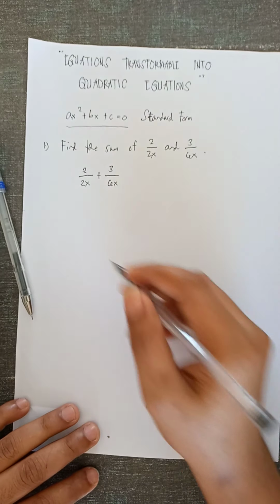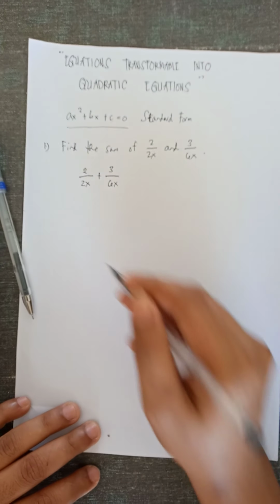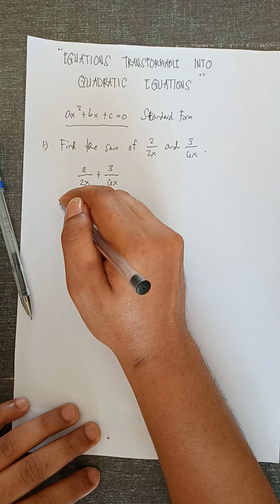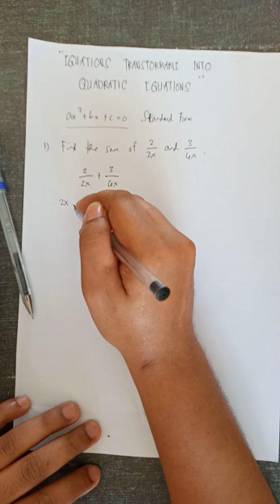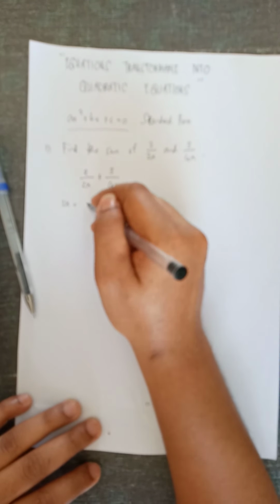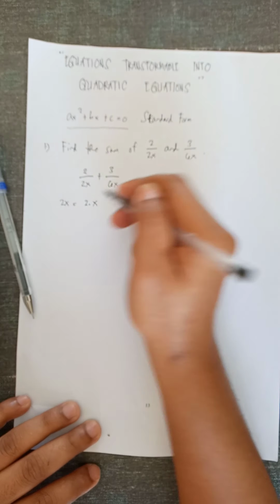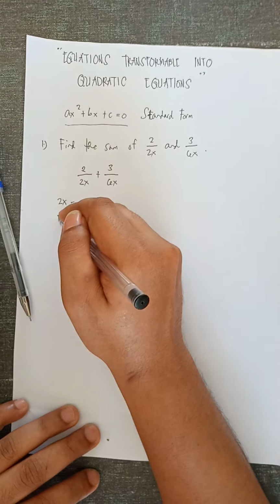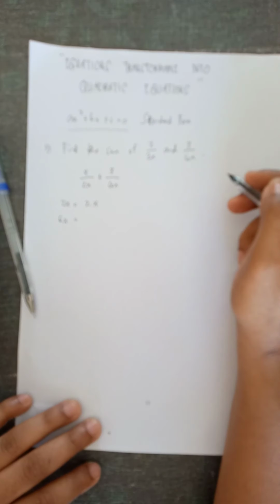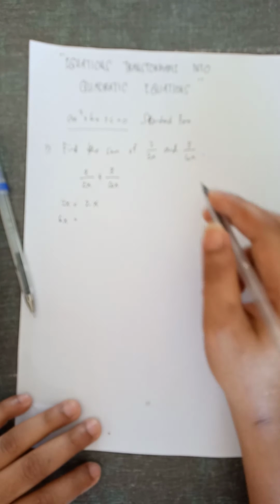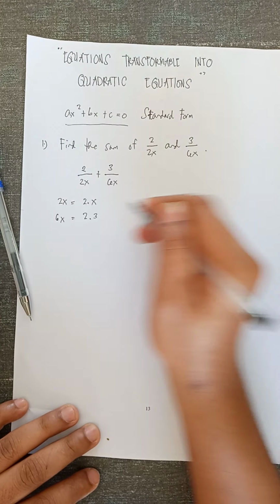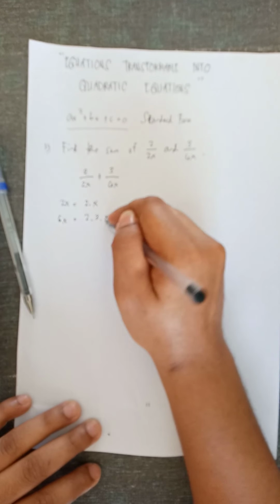In prime factorization, we get the factors of the two denominators. We have 2x, and the factors of 2x are 2 times x. The next denominator is 6x, and the factors of 6x are 2 times 3 times x.